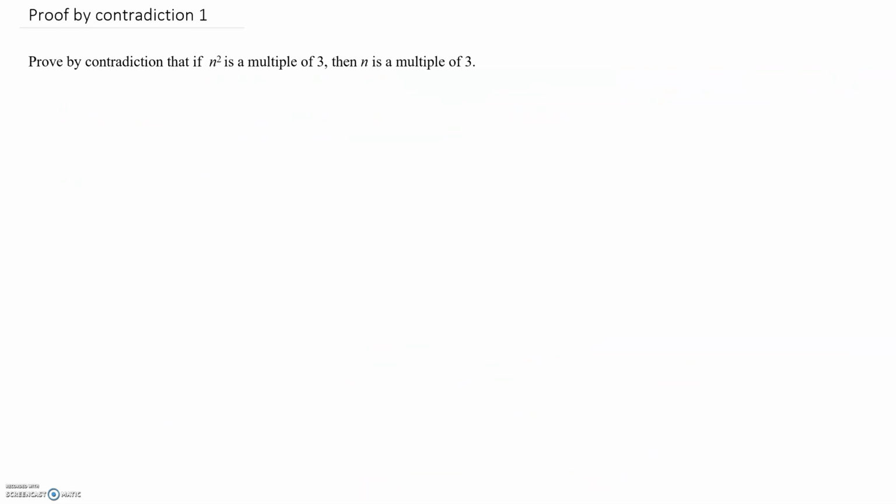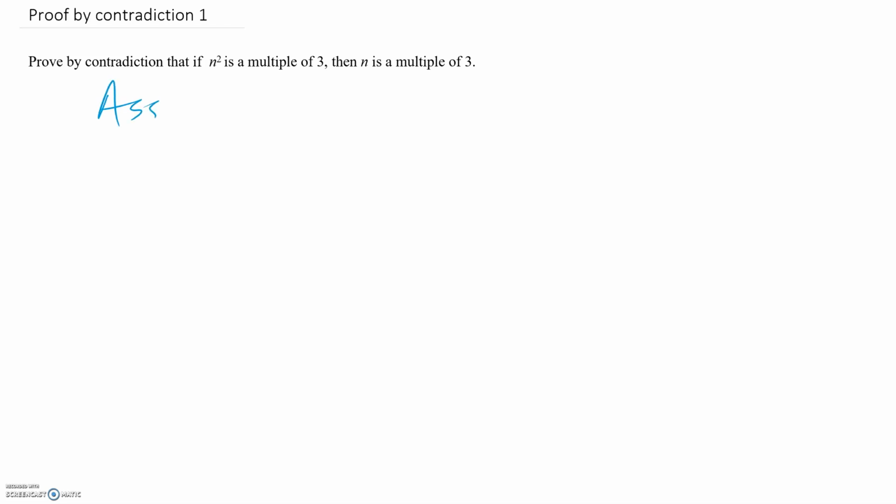Here we have a very similar question. So what you might want to do is try this one yourself before I go through the solution. So you might want to pause it now and see if you can do this. It's very similar to the last question.